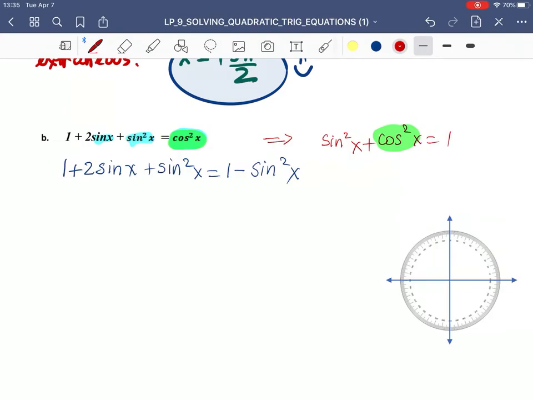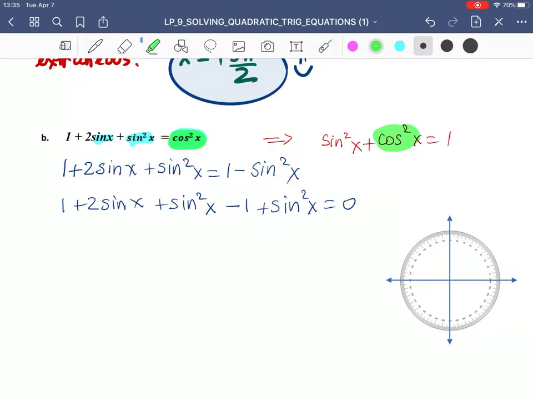Okay, so moving on, we're going to take all the terms from the right side to the left side of the equation. So we have 1 plus 2 sine of x plus sine squared x minus 1 plus sine squared x equals 0. So we have a few terms here that stand out. We can combine them together.